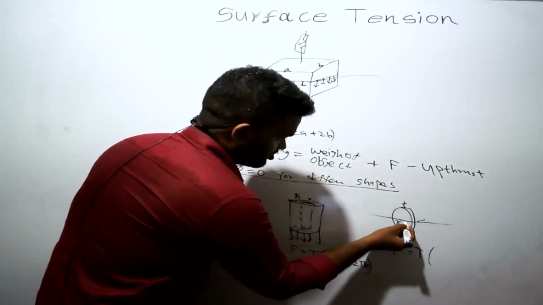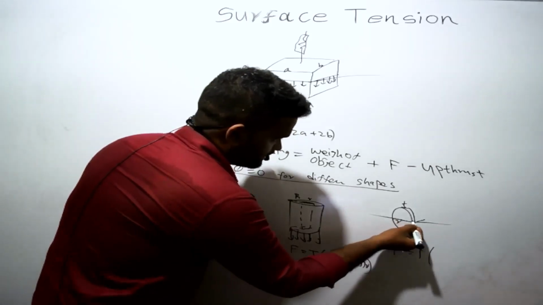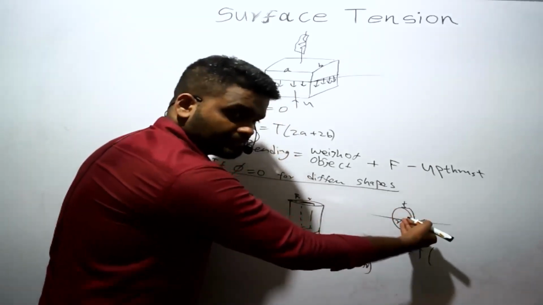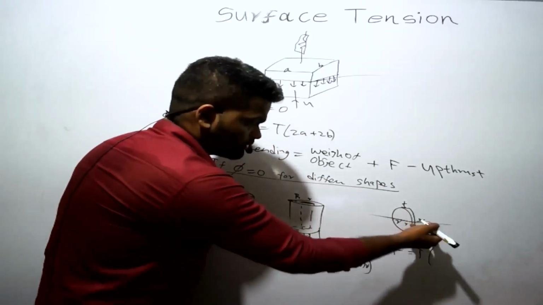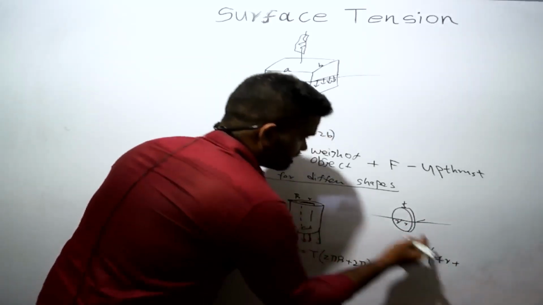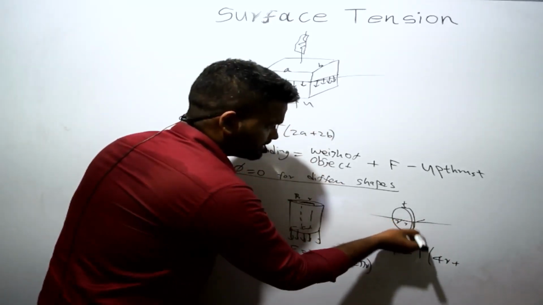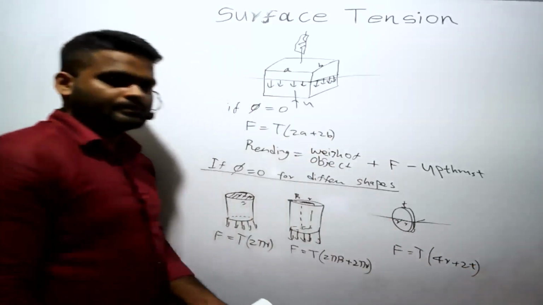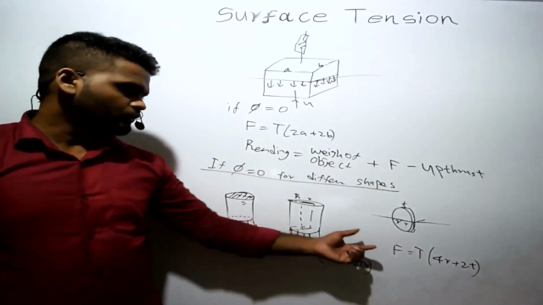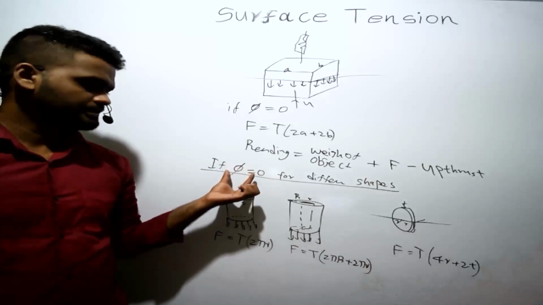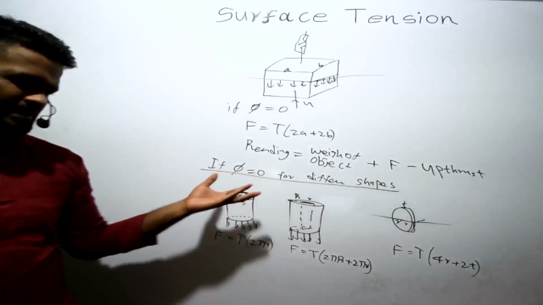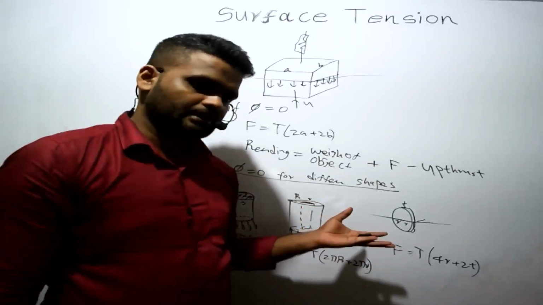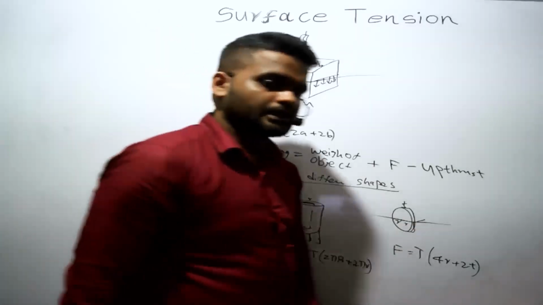T times, what's the r, then there's an r on the other side as well. 2r, 2r, 4r, plus there are two thicknesses, 2t. Understood? But for all these, I just took phi to be 0. If there's a phi value, you just have to take the component, that's all.